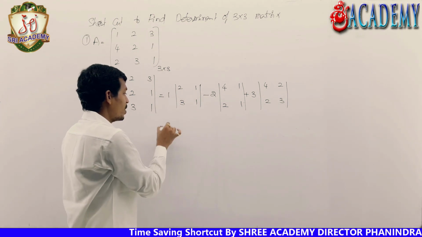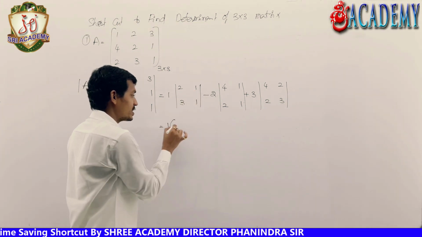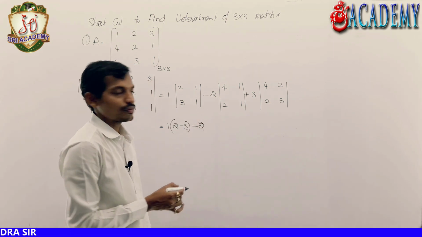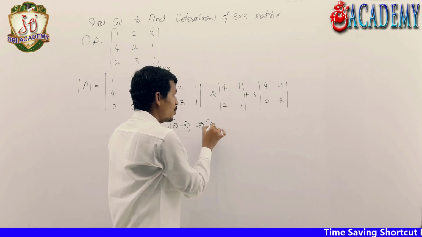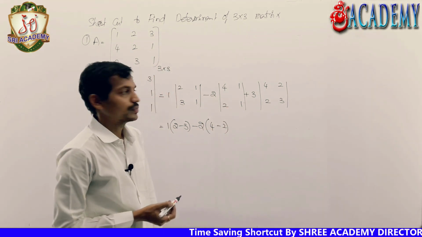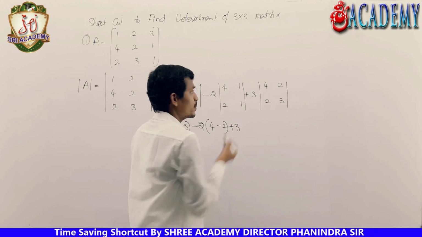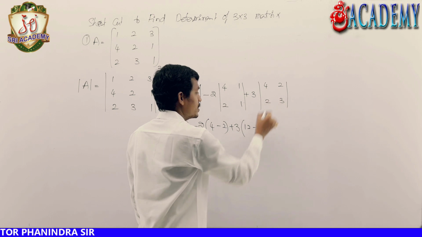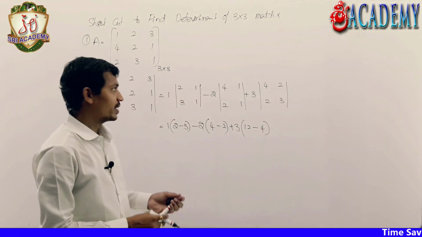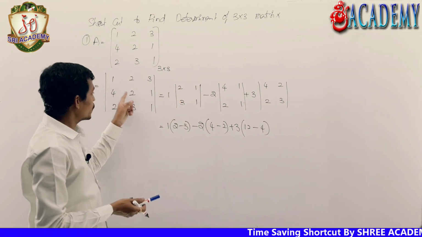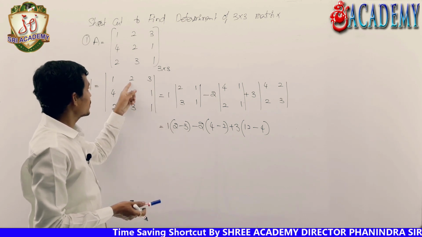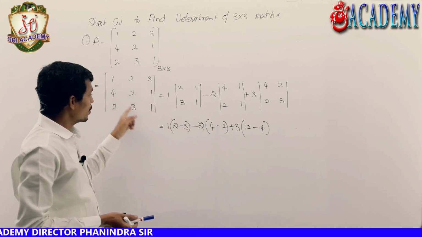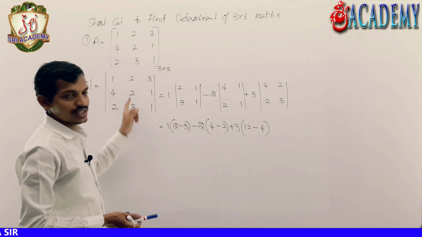How? We will see: 1 into (2 minus 3), minus 2 into (4 minus 2), plus 3 into (4 threes are 12, minus 2 into 2 is 4). We write 1 into (2 minus 3), next minus 2 into (4 minus 2), next plus 3 into (12 minus 4).